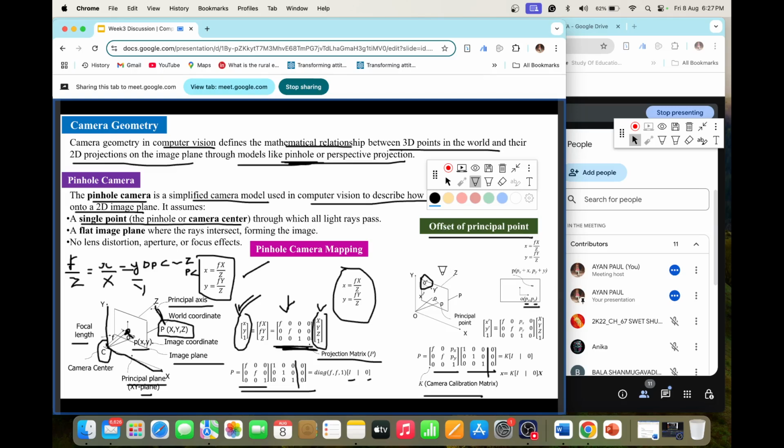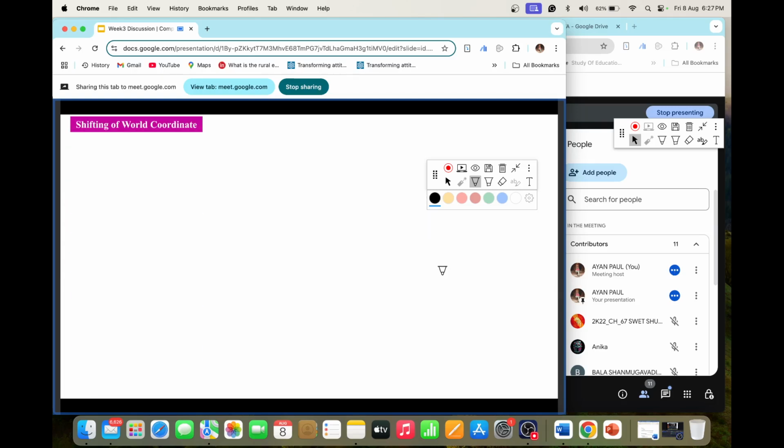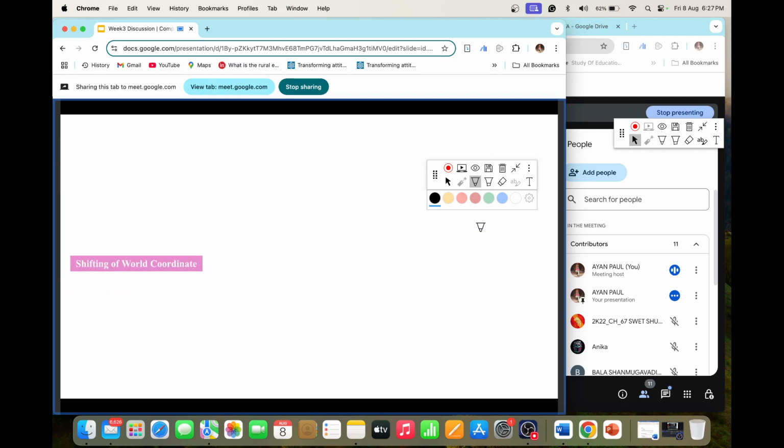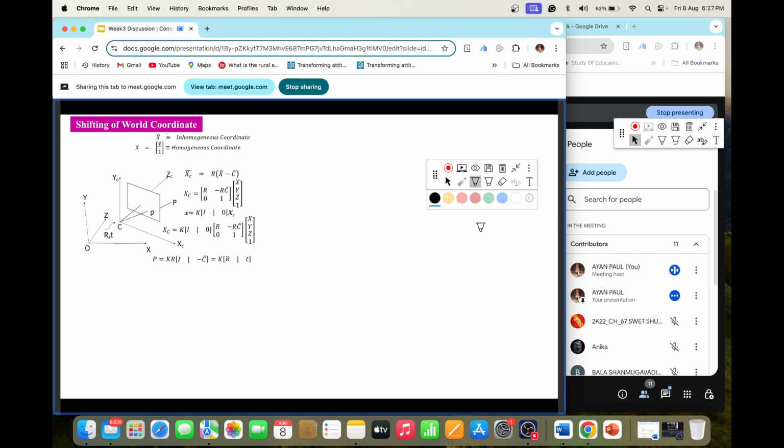So let's move on to the next thing, that is shifting of the world coordinate. In the previous part, what we have done is offset the principal point, or shifted the principal point. Now we are complicating things a bit. We are also shifting the world coordinate. Earlier our world coordinate was based on the principal plane only, that is this plane.